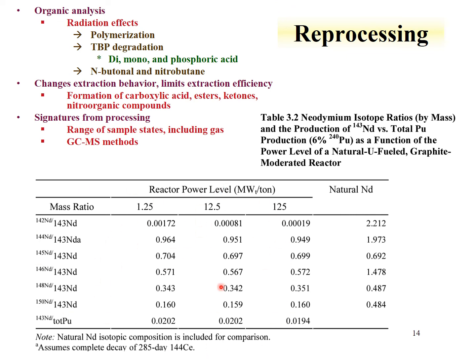And the fact that we don't have a large change is actually something one could exploit, because it can give us an idea of where material is coming from that's used in the actual separation process itself, due to the fact that this natural neodymium isotopic ratio is indicative of the material prior to its introduction into treating a material that's gone through a reactor.